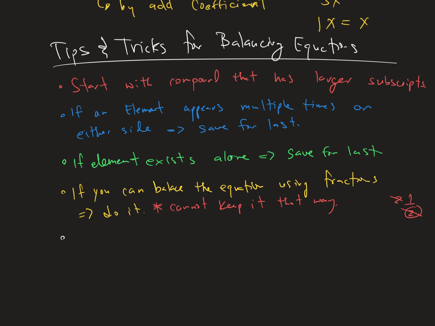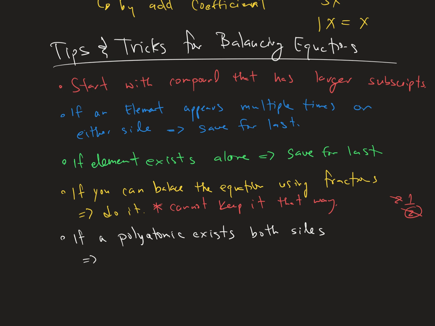Okay. If a polyatomic ion exists on both sides of the equation, then we can treat it as a single unit.